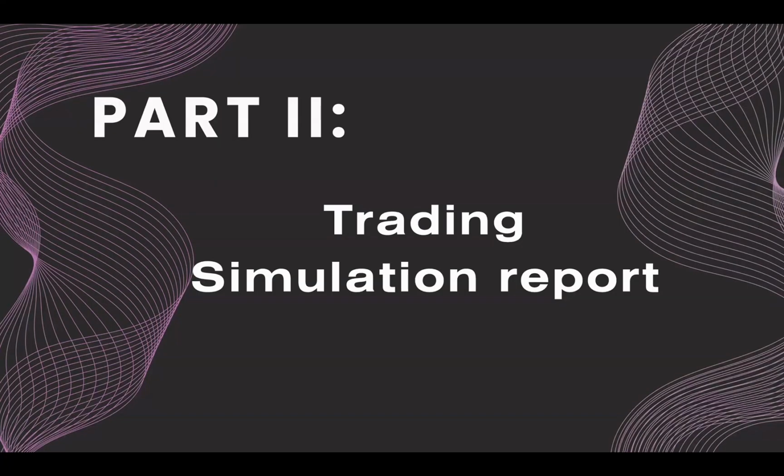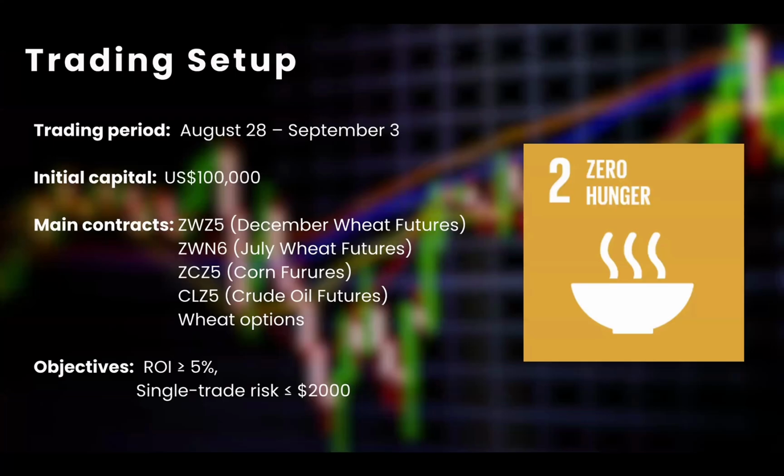Okay, next part is about our trading. Our trading simulation ran from August 28 to September 3, with 100,000 US dollars in initial capital. The main contract we focused on was the December wheat future, ZWZ5, because wheat is directly linked to global food security and SDG2.